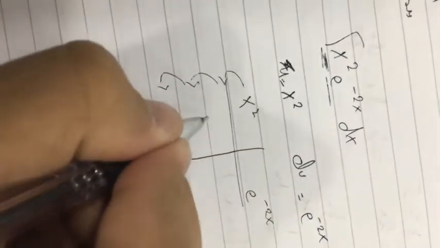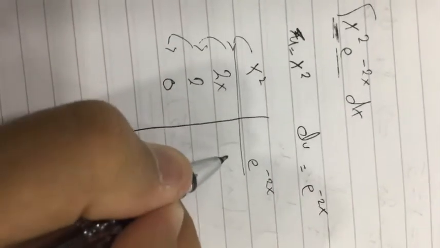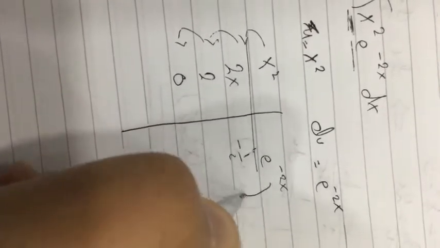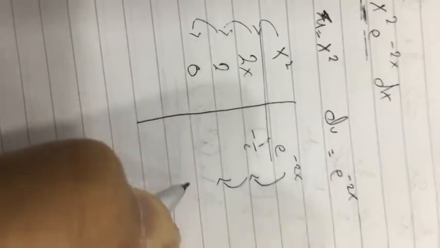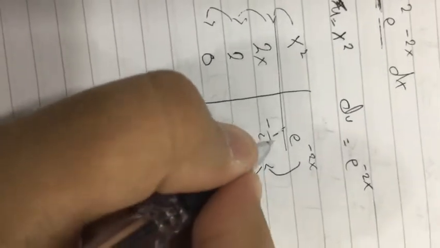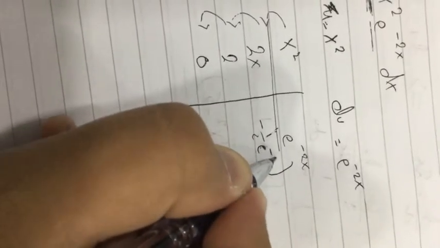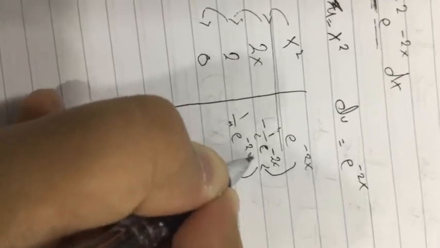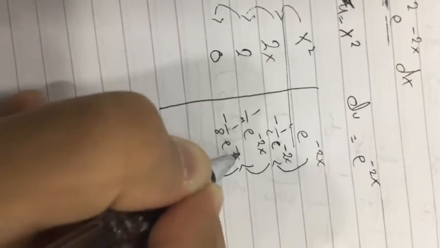Here we have 2x, here 2, and here 0, and here we will get negative half e to the negative 2x from the integration, and here 1/4 e to the negative 2x, and here 1/8 e to the negative 2x.